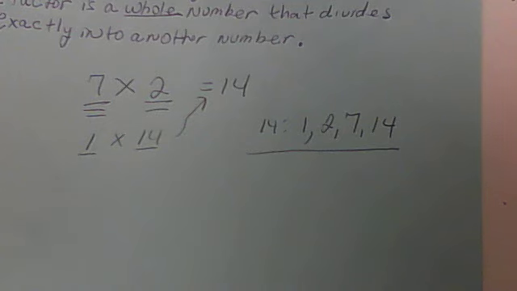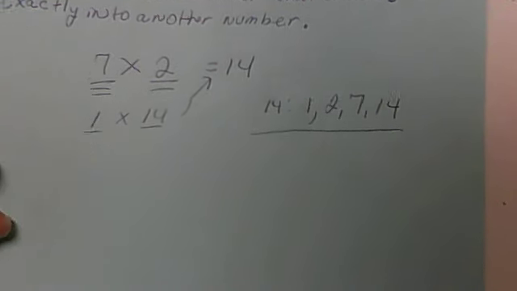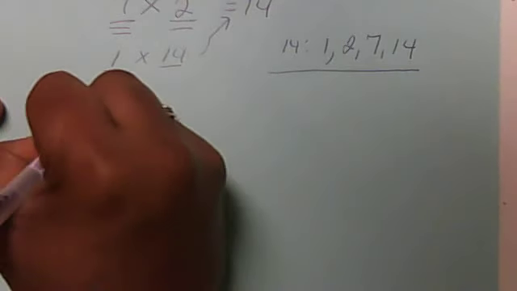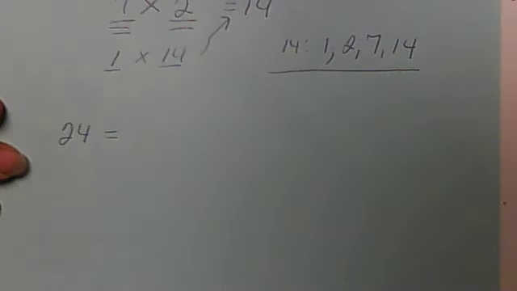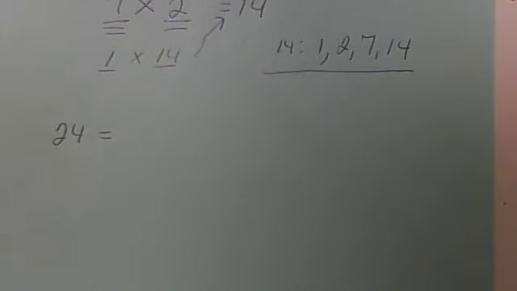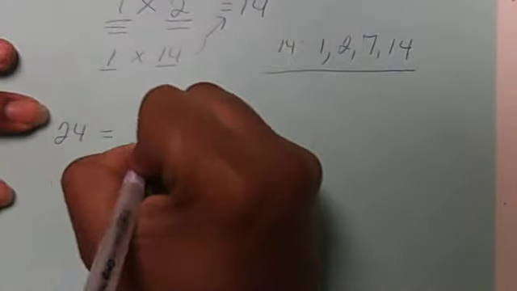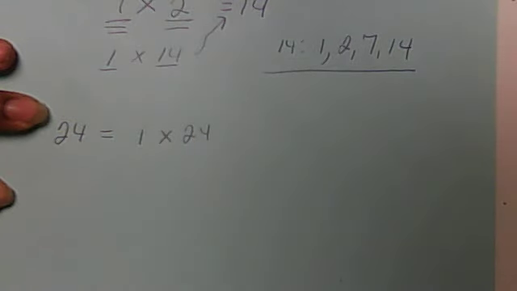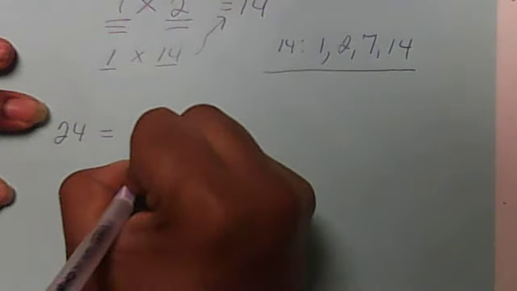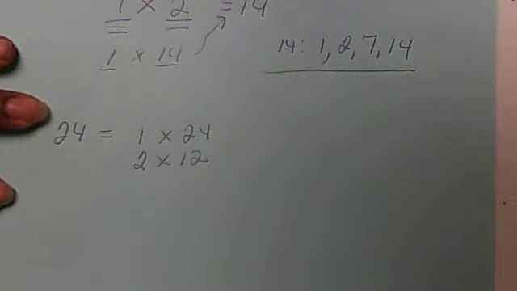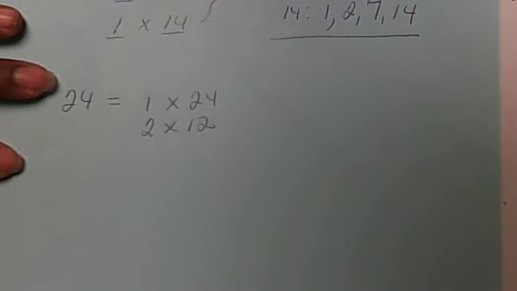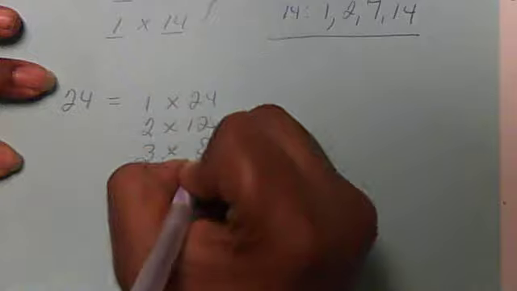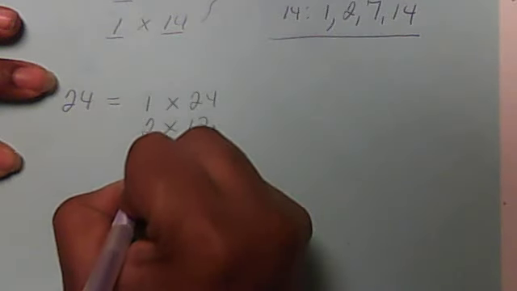But what if you have a large number, 600, or even a smaller number like 24 that has tons of factors? If you were told to list the factors of 24, there are a lot of factors and opportunities to forget some, because you have 1 times 24, then 2 times 12, then 3 times 8, 4 times 6.